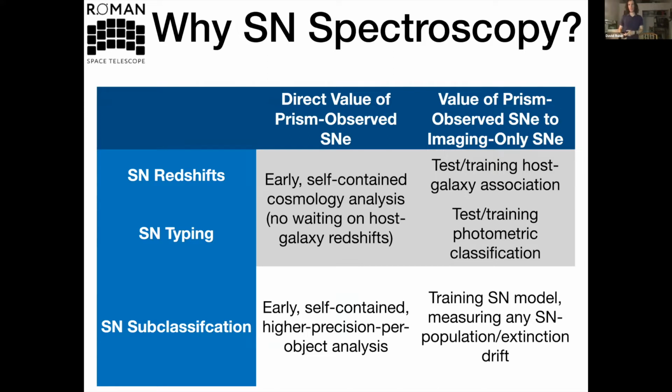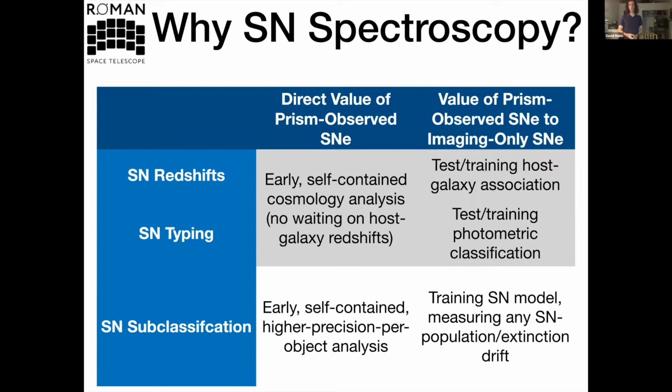It lets you test and train your host galaxy association. So just because a supernova goes off on a galaxy doesn't mean that that's not a projection. This becomes a little bit more interesting, getting up to something like a couple % contamination when you're spanning the full redshift range of Roman.